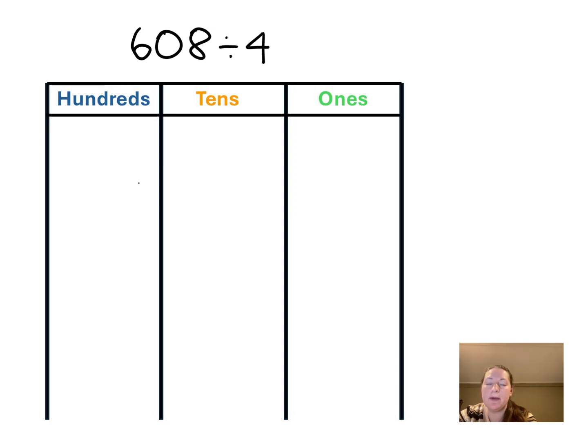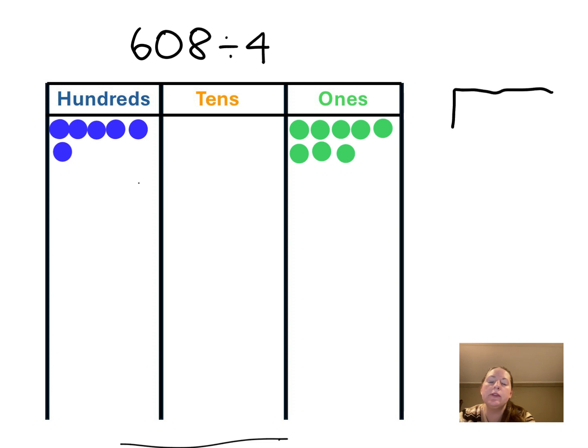Great work. In our final problem, we are going to divide 608 into 4 equal groups. So let's set up our place value chart and our algorithm. So we need how many hundreds in the hundreds place? 6. How many tens? 0, that's right. And then 8 ones. Now let's set up our algorithm. So what number do we place inside?